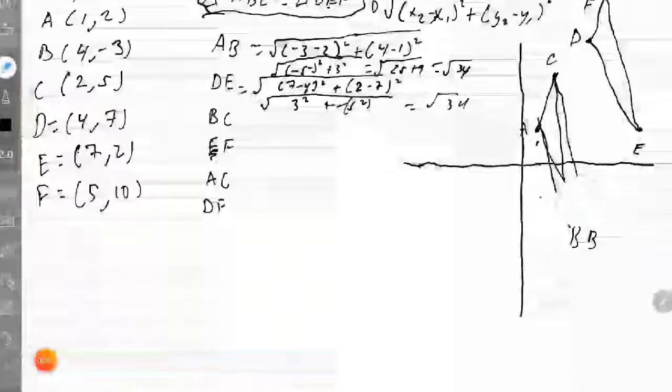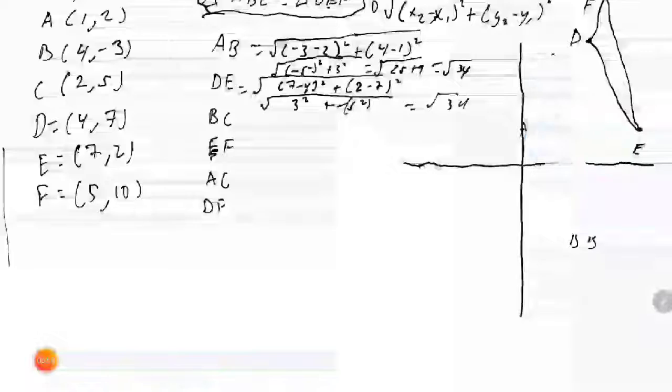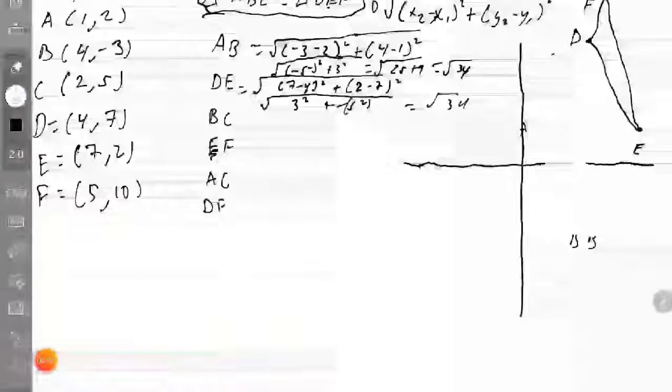So B is actually supposed to be right here. So A, C was 2, 5. B was 1, 2, 3, 4. 1, 2, 3. All right.